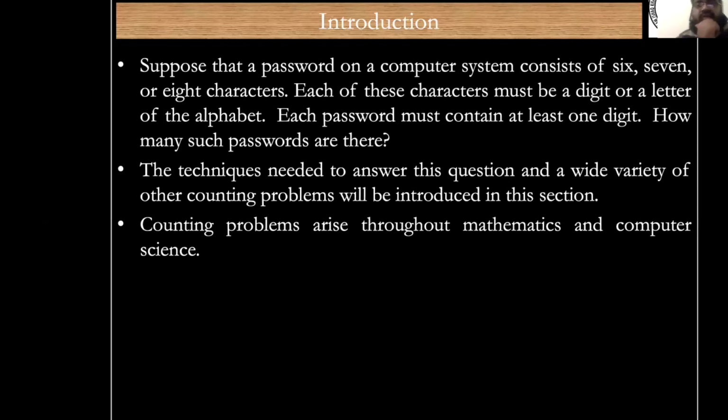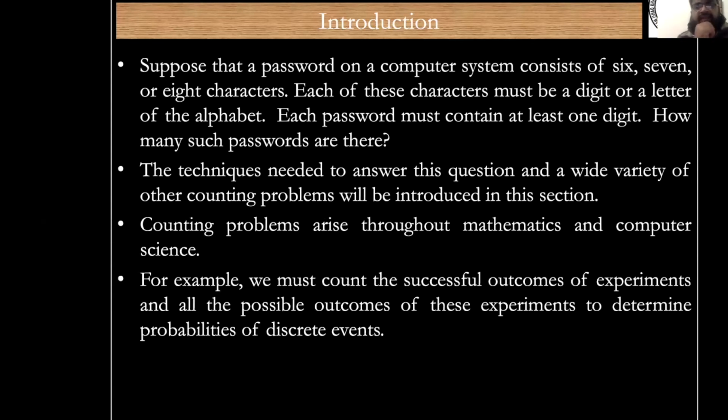For example, we must count the successful outcomes of experiments and all the possible outcomes of these experiments to determine probabilities of discrete events.